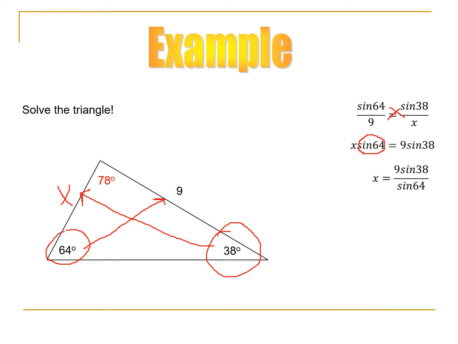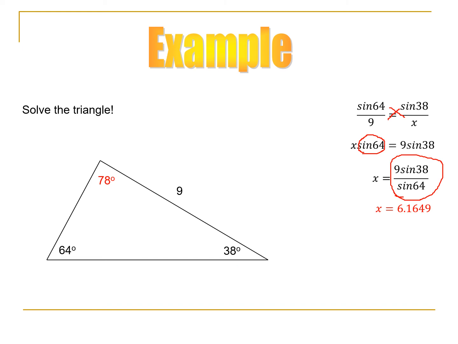Then punch all of this into your calculator, making sure that the calculator is in degrees mode, otherwise you will get the wrong answer. Once you punch it in, you should get x is approximately 6.1649.